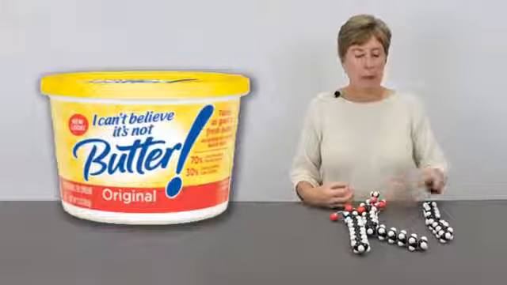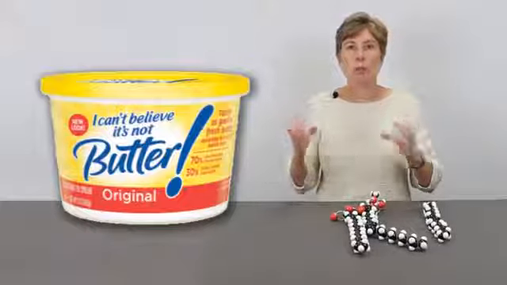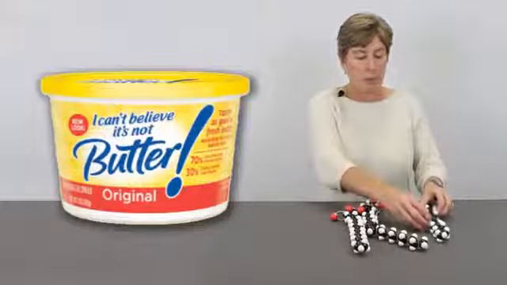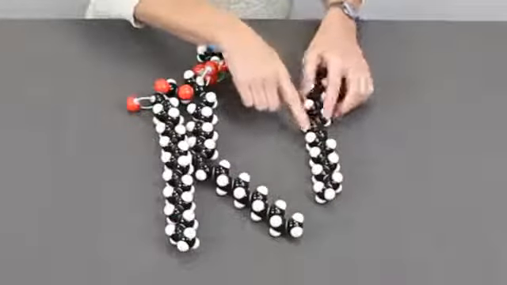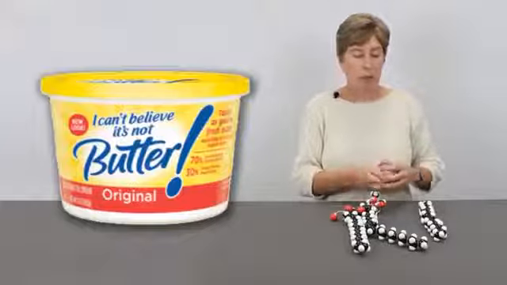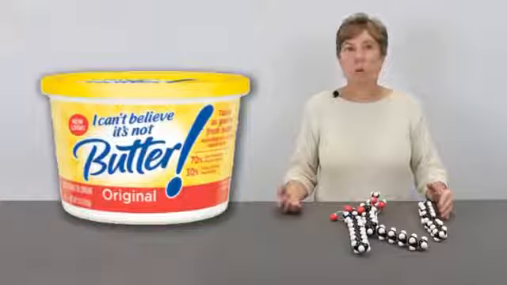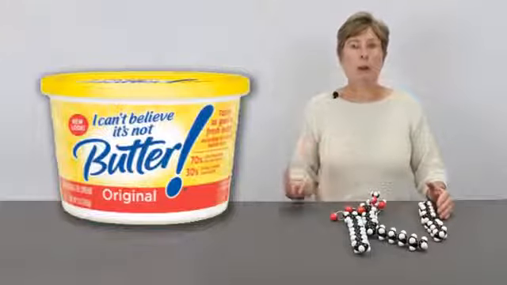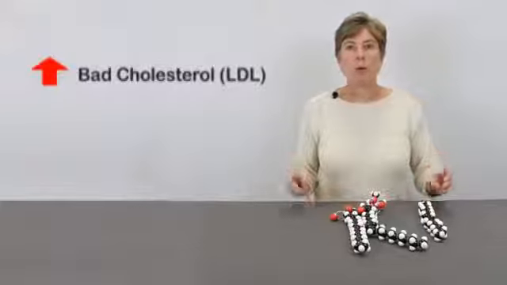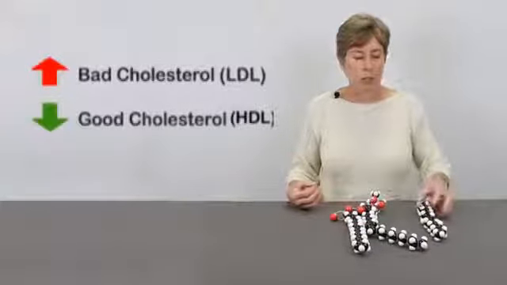And so they hydrogenated oils in order to make margarine and other solid fats. And what they did was they hydrogenated and made them into this trans configuration, and that allowed them to be solid. And the problem with that is we've found out now over the years that this can lead to a lot of health problems. It increases the bad cholesterol, the LDL cholesterol in our bodies. It decreases the good cholesterol.